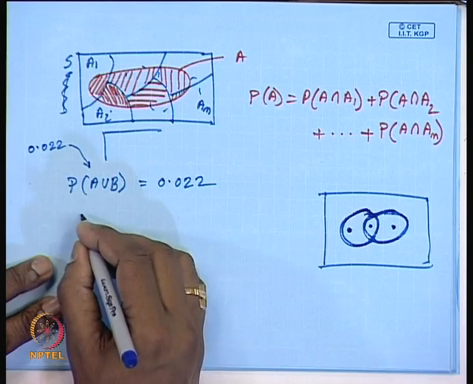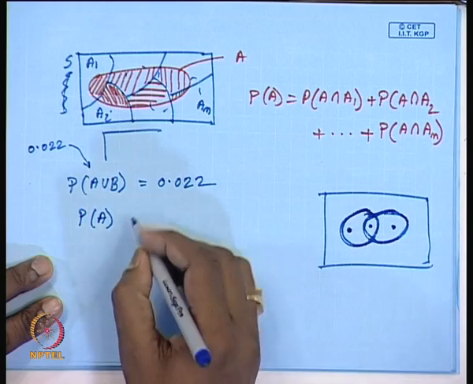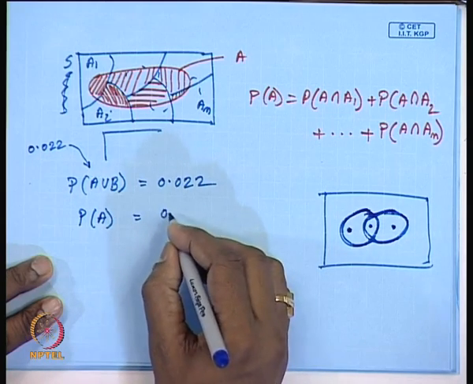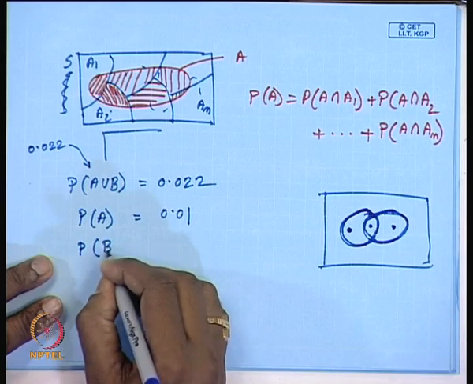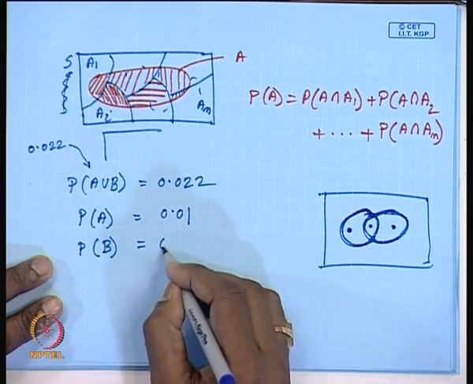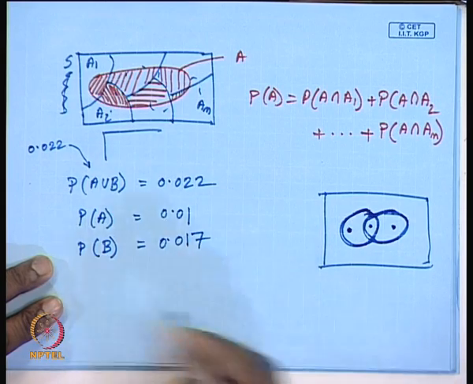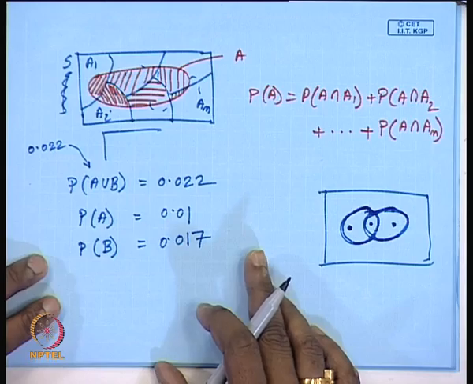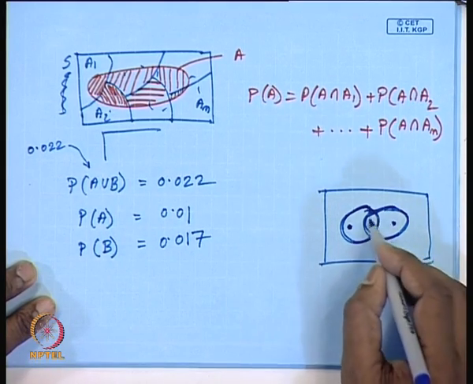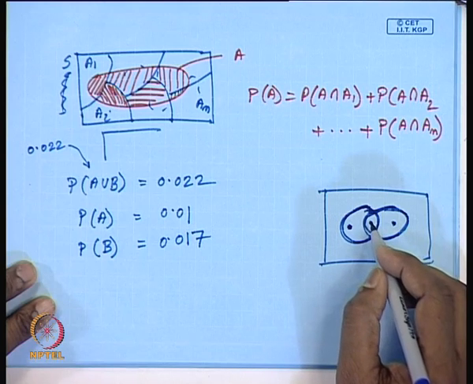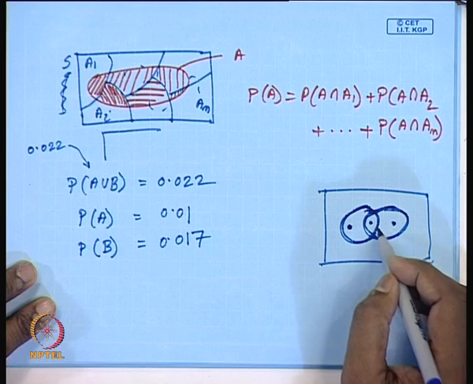Also, we have seen that the probability of the individual events, probability of A, is given as 0.01 and probability of B is given as 0.017. Now it is asked what is the probability that a particular unit is defective in terms of both, its measurement as well as the material quality.